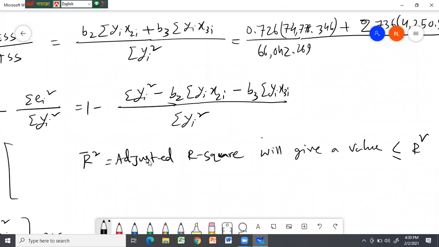When you add another independent variable, your regression model is y equal to b1 plus b2 x2i plus b3 x3i.